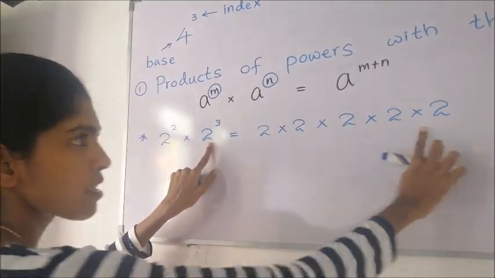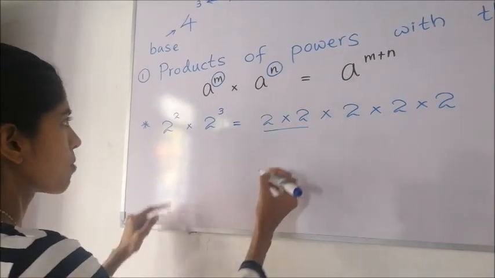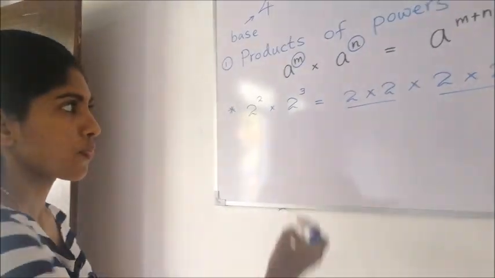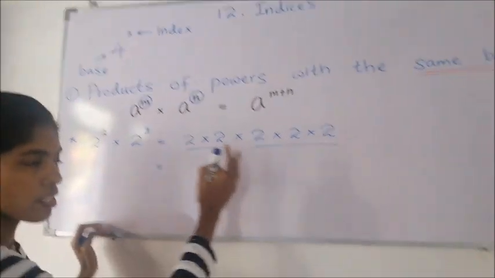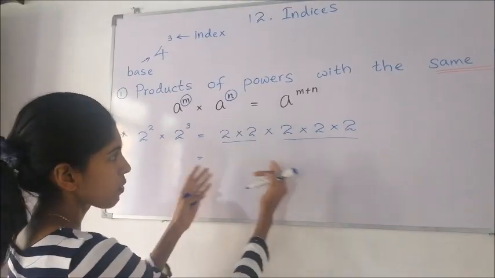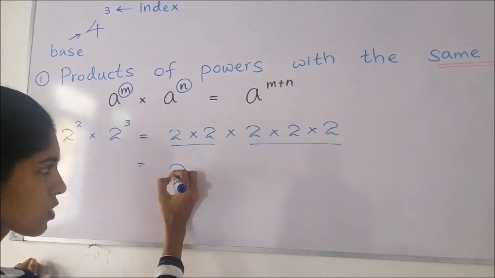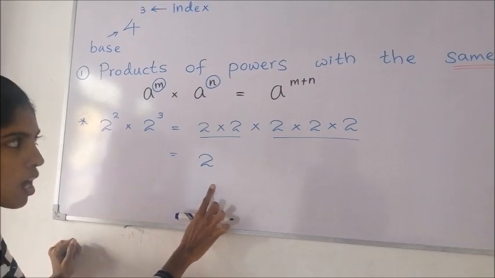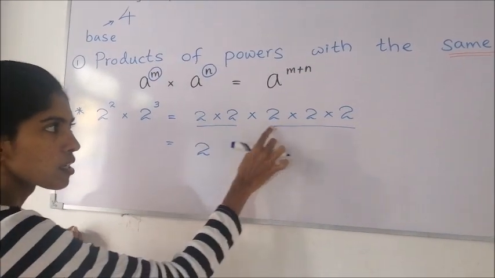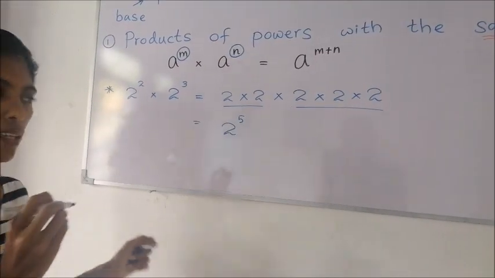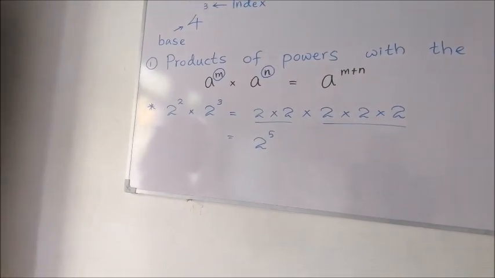By expanding, this is 2 to the power 2 and this is 2 to the power 3 in expanded form. All are connected with a multiplication mark. Now we can write all these in index notation. The base is 2. The number which is repeated here is 2. How many times is it repeated? It is repeated 5 times. So we can write it with the index. The answer is 2 to the power 5.